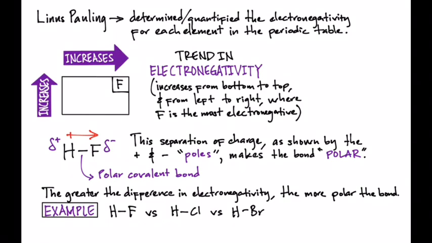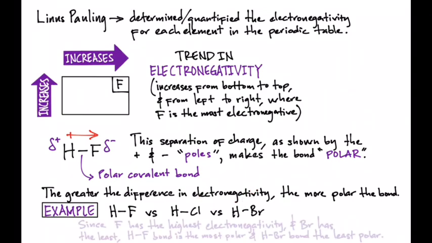And electronegativity increases from bottom to top towards fluorine. So in that case, the bond between hydrogen and fluorine is the most polar bond among these three molecules, followed by hydrogen chloride, and then hydrogen bromide would have the least polar bond.